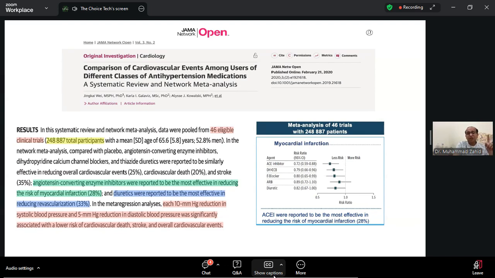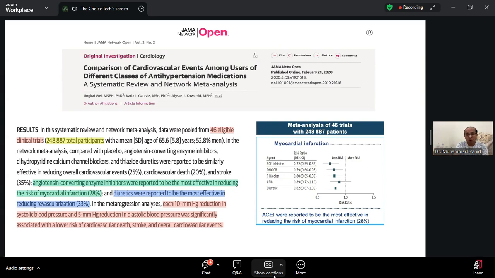And the important result I have highlighted: number one, each 10 millimeter mercury reduction in systolic blood pressure and 5 millimeter in diastolic blood pressure was significantly associated with a lower risk of cardiovascular death, stroke, and overall cardiovascular events. So once you control the blood pressure, you avoid cardiovascular deaths and all that.